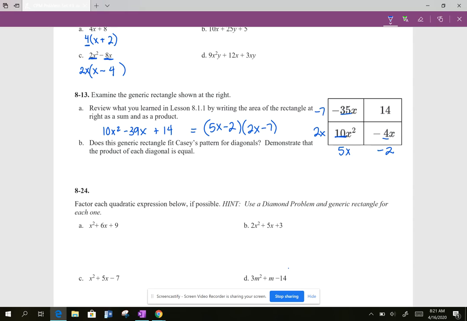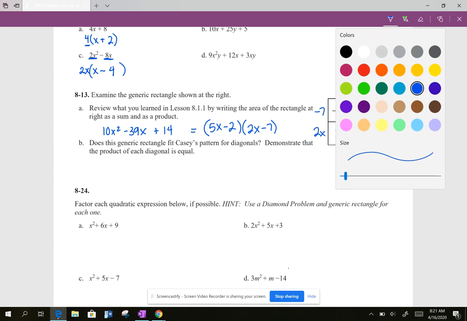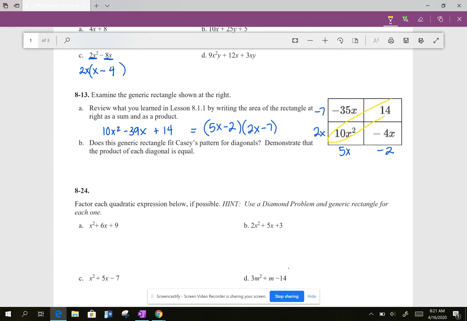For part B, does this generic rectangle fit Casey's pattern for diagonals? Demonstrate that the product of each diagonal is equal. What you want to do here is make sure that 10x squared times 14 is equal to negative 35x times negative 4x.